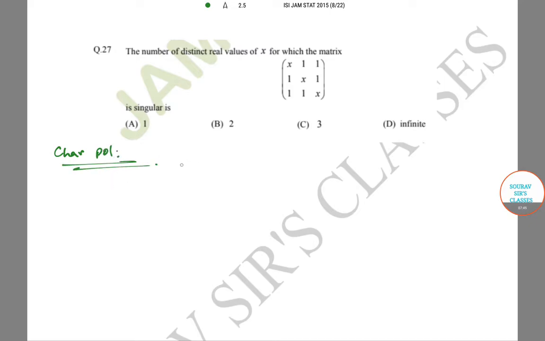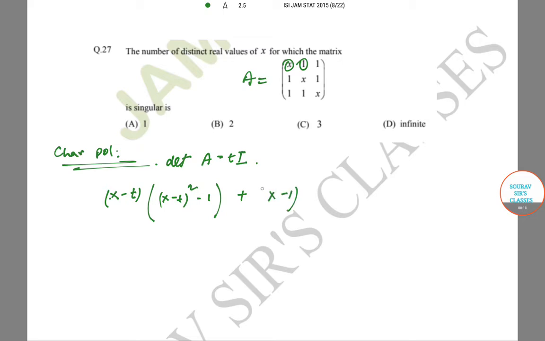So let us name this A; it's the determinant of A minus tI. So we have (x minus t) times ((x minus t) square minus 1).